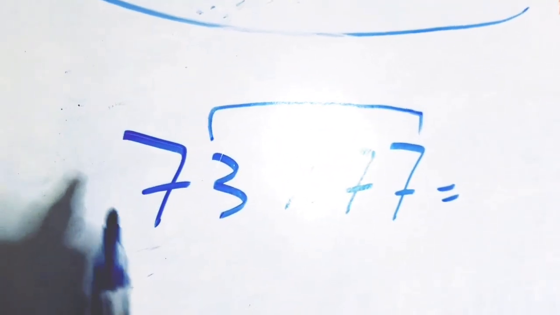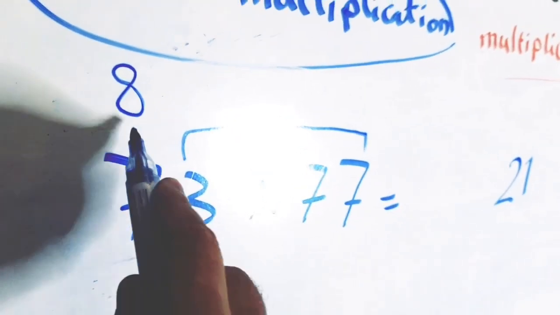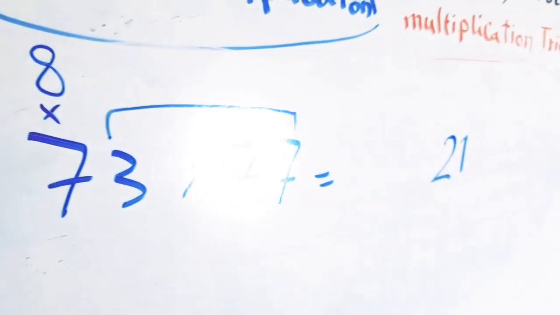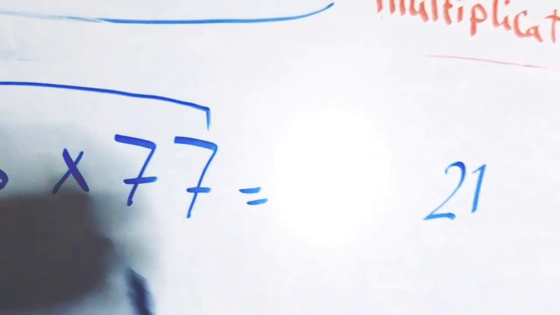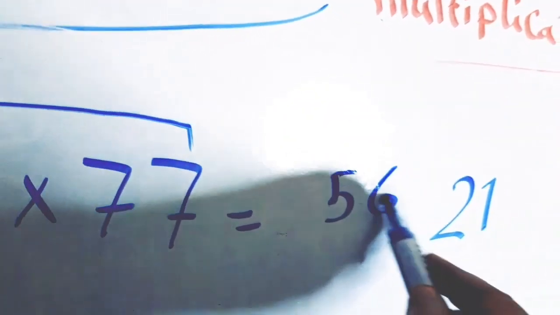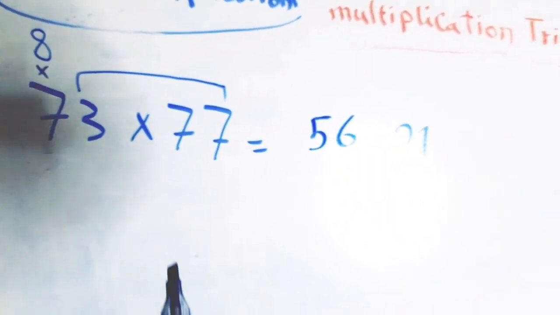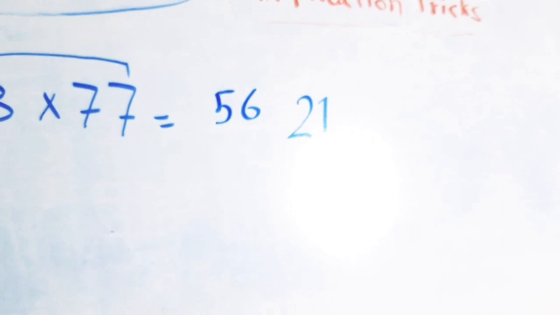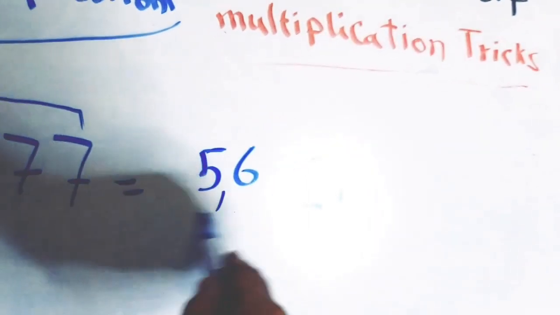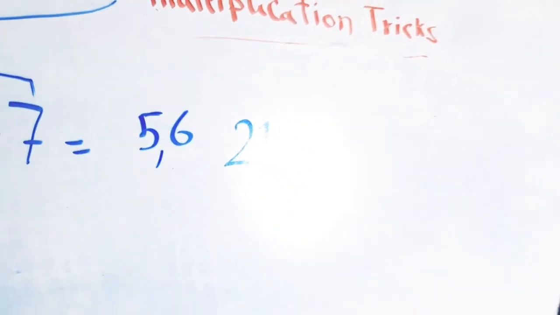The number which comes after 7 is 8. We multiply 7 by 8. 7 times 8 is 56. So 73 times 77 equals 5,621.